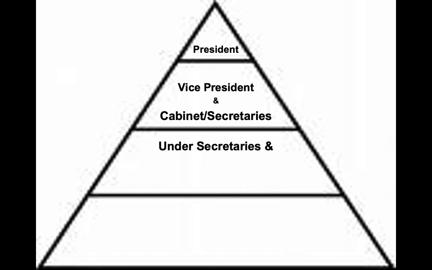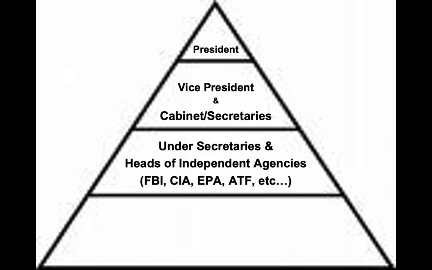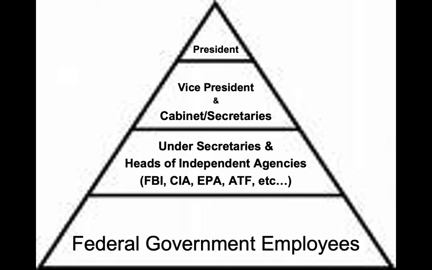Below the vice president and the cabinet secretaries are the undersecretaries and the heads of independent agencies, such as the FBI, CIA, EPA, ATF, and other government agencies that you will learn about in a future video lecture. Lastly, at the bottom of the pyramid are federal government employees, the basic workers who perform the day-to-day tasks and operations of the United States government.